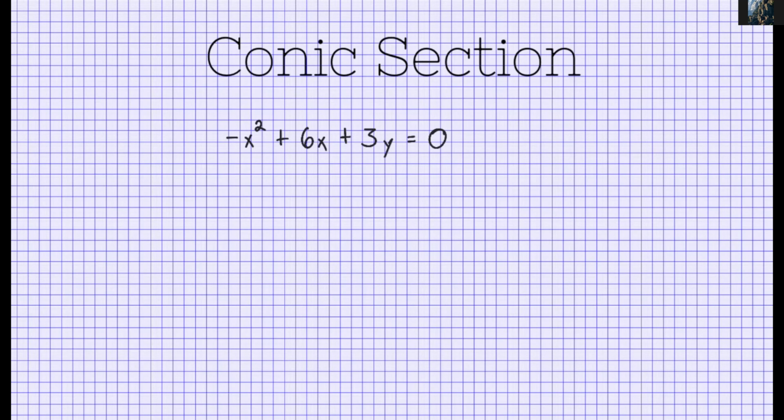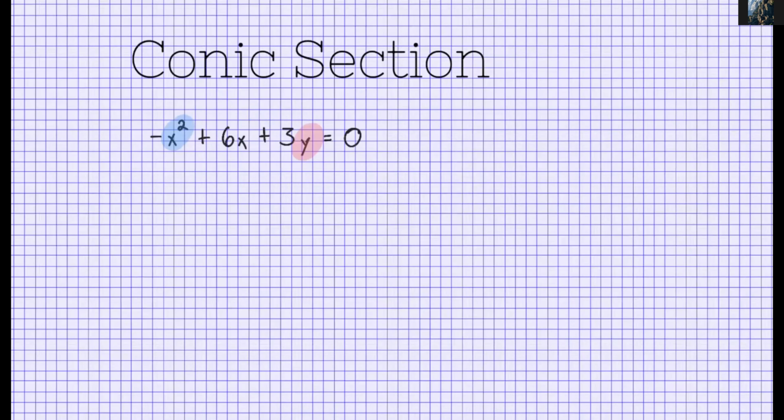But how do we know what type of conic it is? Well, first of all, we have to analyze both of the variables that are in there. In this case, our x and our y. If we only have one of these variables squared and the other one isn't, automatically we will know that we are looking at a parabola.